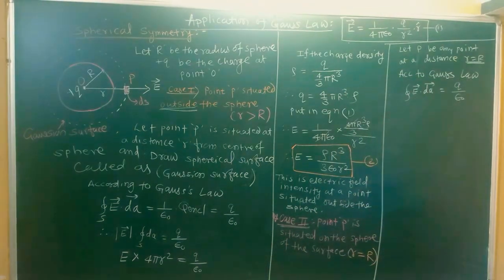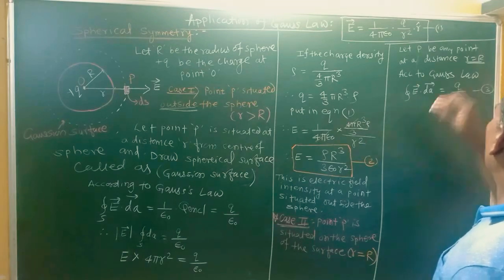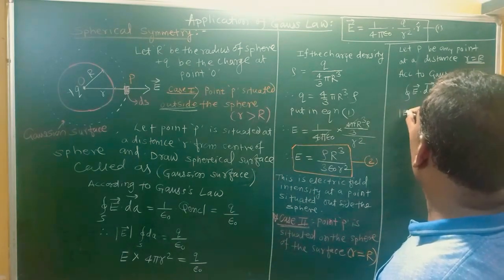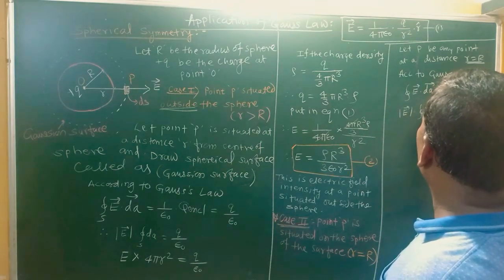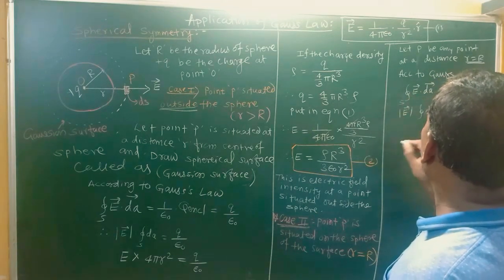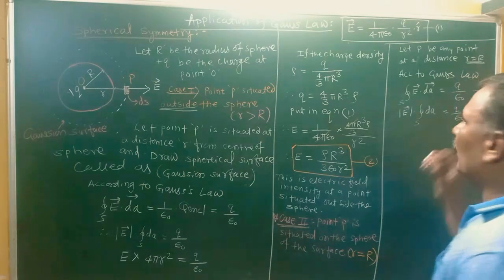This is what we have to consider as equation number three. Again we have magnitude of E bar into surface integration of dA over the surface S is equal to Q upon epsilon naught.